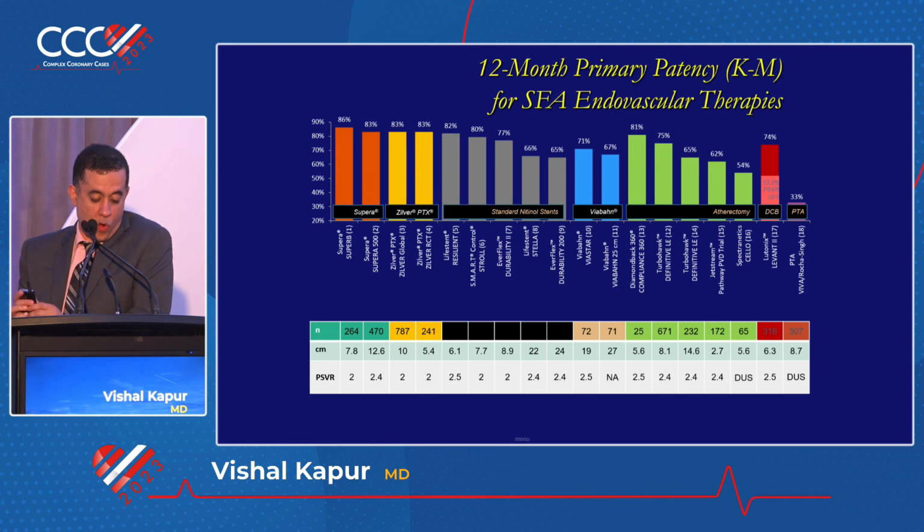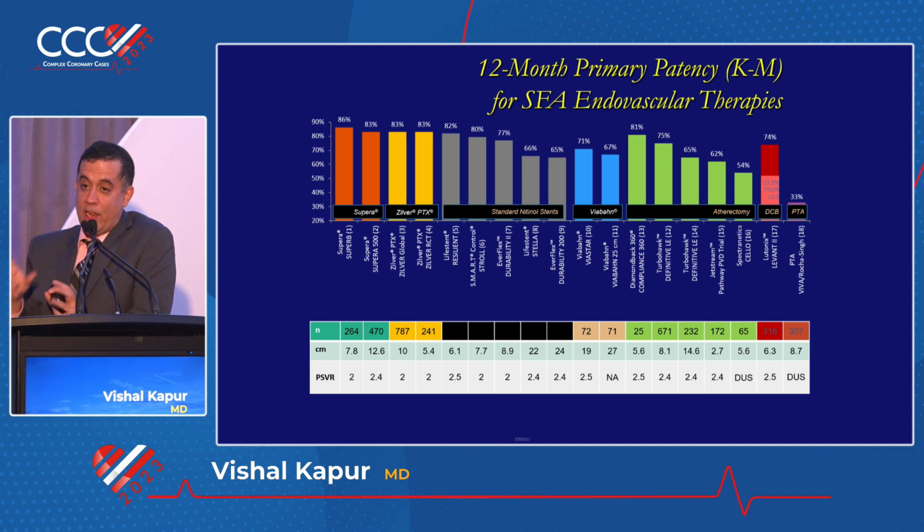And then just to go over the SFA trials and studies, you can see these are stents on the left, they do great, whether it's the Supera stent, the Zilver stent, or you can have your DCB balloons, which also do great. And then, of course, atherectomy has proven to give beneficial effects. The worst is the PTA. If you do plain old balloon angioplasty, that's the worst result.